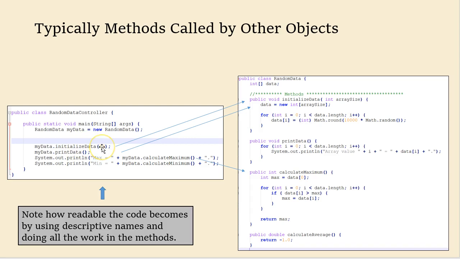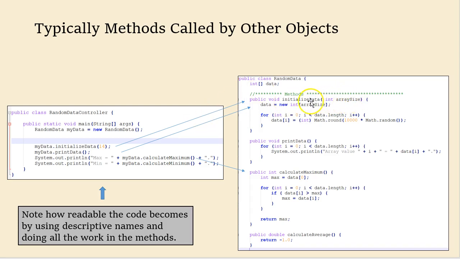And I put the value 14 in here because, let's go back to the array discussion for a minute. I declared an array inside of RandomData, but I did not make the array. Why? Because I don't know how big it is yet. So I wait until someone tells me the size.